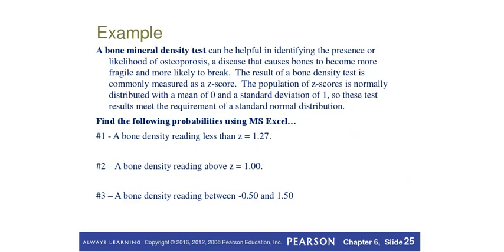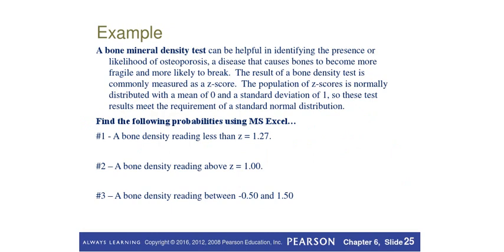A bone mineral density test is an example of a type of situation where we actually use a z-score. It's a measure of the bone density and tells us how likely it is that a bone is going to break, how fragile, or get osteoporosis or different diseases like that of the bones. The population z-score is normally distributed with a mean of 0 and a standard deviation of 1.